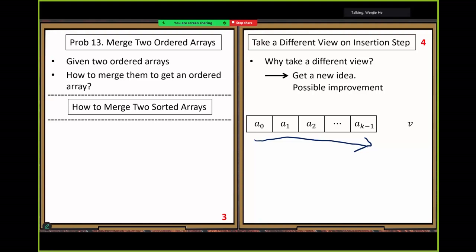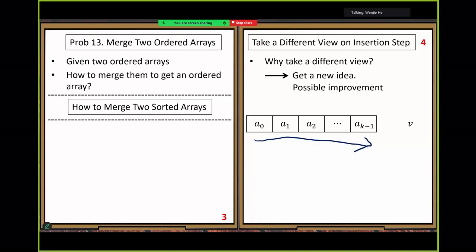So we can treat the insertion situation as a special case of the merging situation. In that kind of view, you can make a connection.